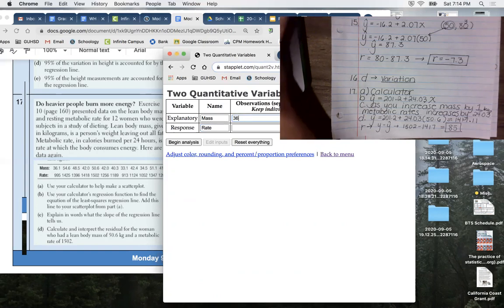We have the weights of 36.1, then 54.6, 48.5, 50.6, 42, 42.3. Where am I?